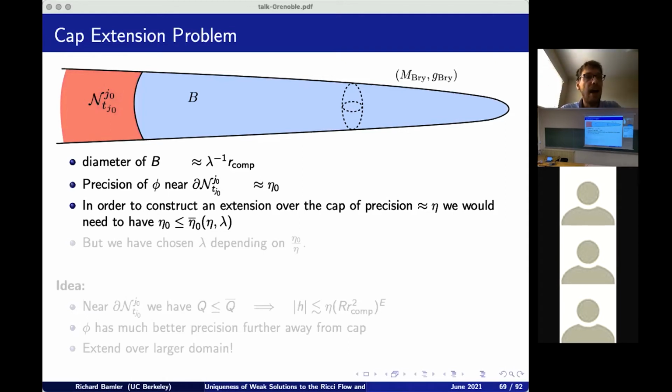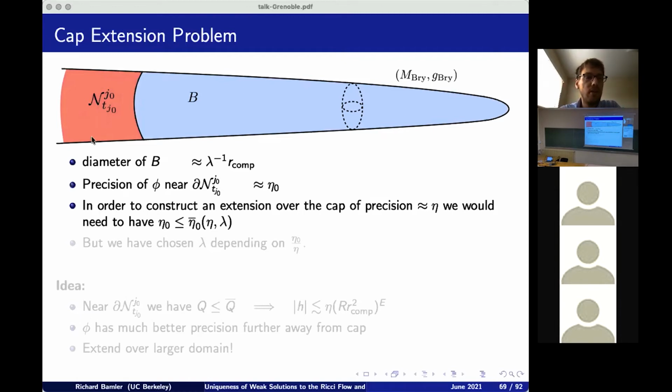This is a very unstable, very sensitive problem, because if this ball gets very long, then you need extremely good precision here in order to extend the almost isometry over to the entire Bryant soliton.